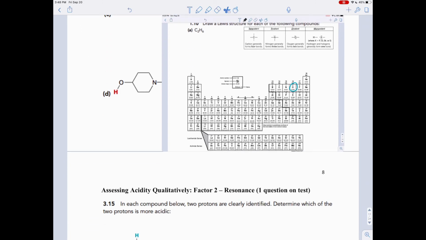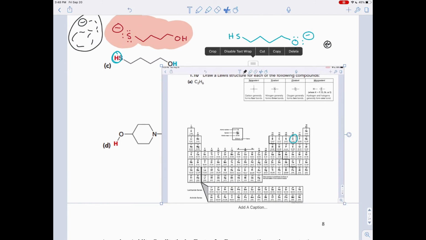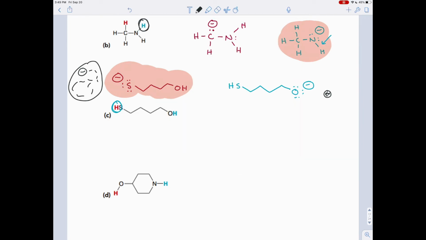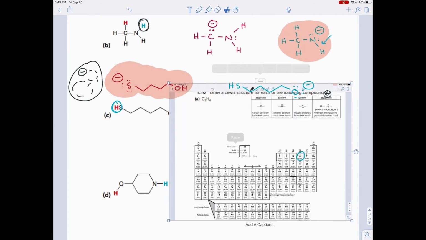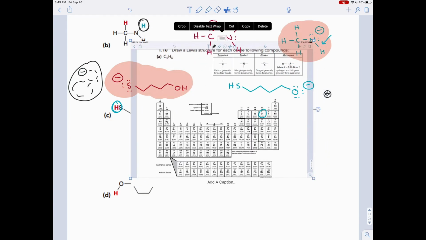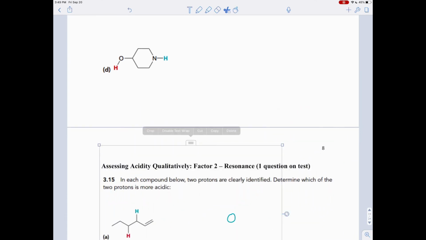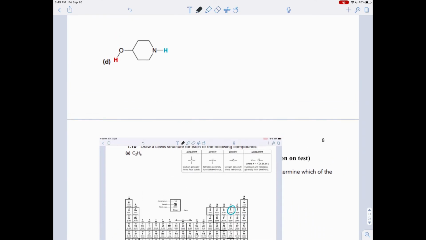Okay. Last for this one is D. So for D we have two different atoms with a hydrogen on it. We have a nitrogen and an oxygen.